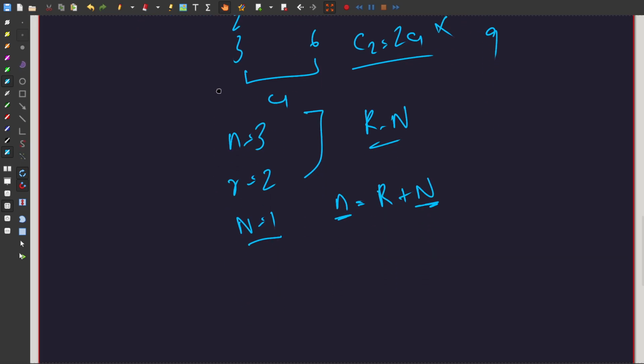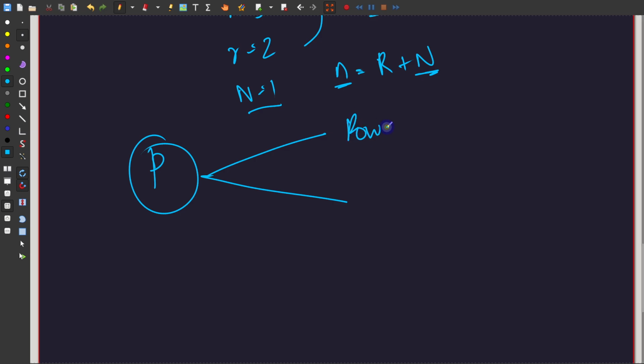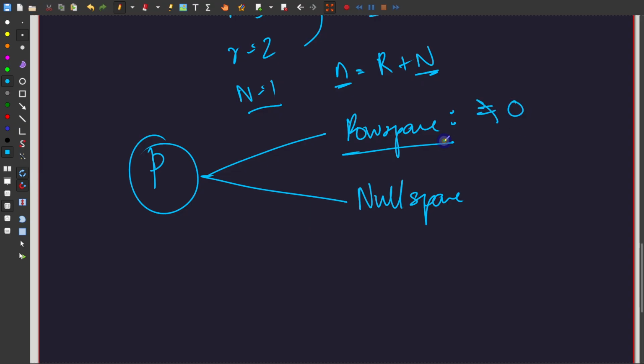And this now brings me to the next idea that is very important to bring up here, that whenever we have any sort of matrix, like even let's look at the P matrix, it has two spaces. It has the row space and then it has the null space, right? The idea of the row space is that whatever vectors you have, they will never equate to 0.